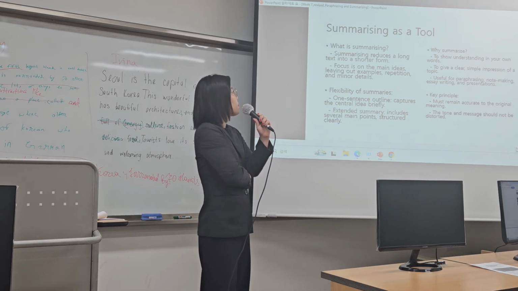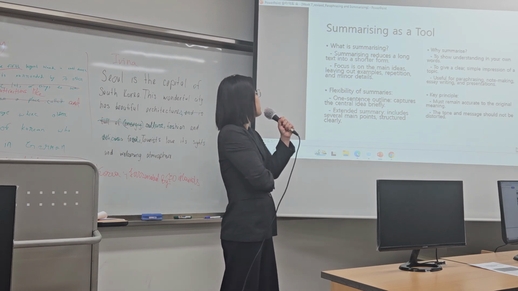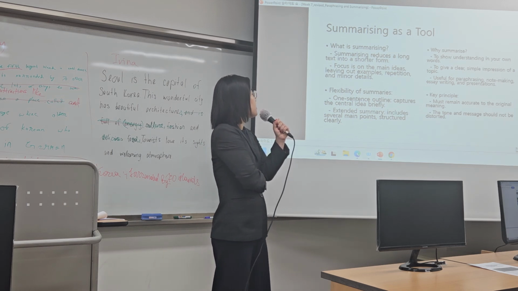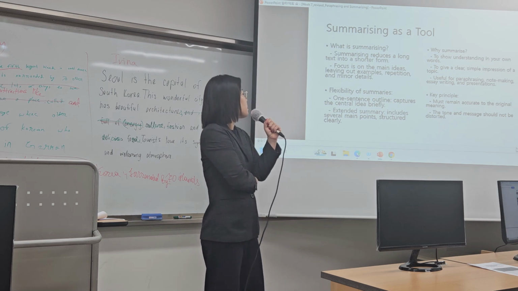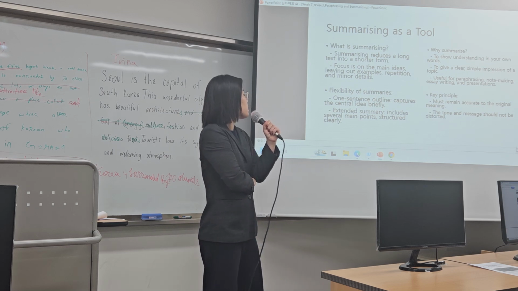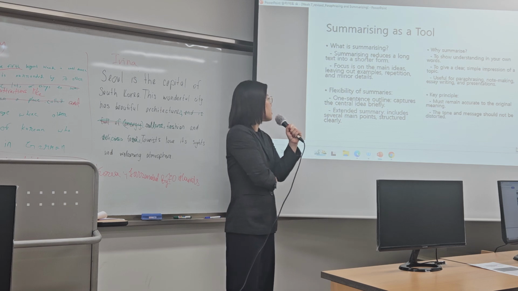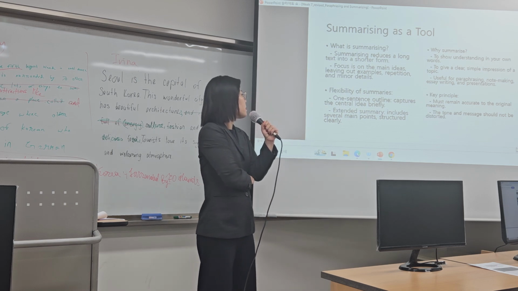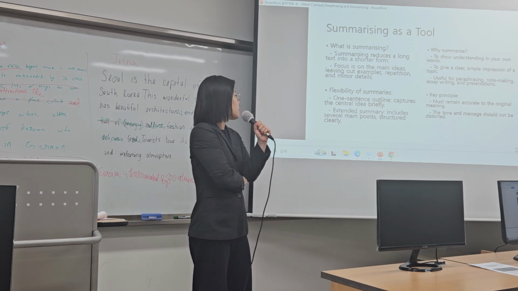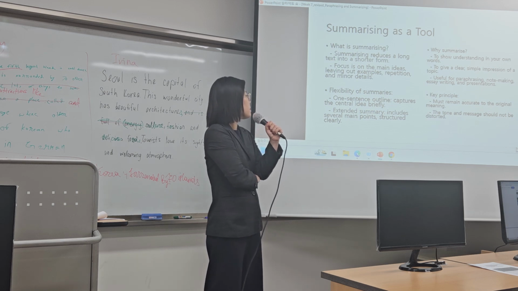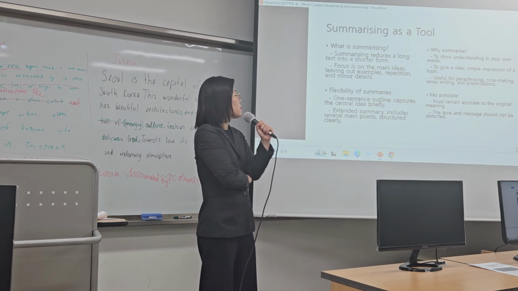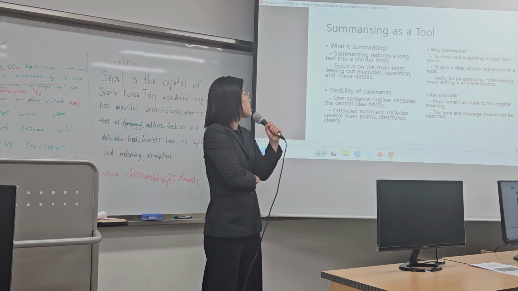What is summarizing? Summarizing reduces a long text into a shorter form. Focuses on the main ideas, leaving out examples, repetition, and minor details. Flexibility of summaries. One sentence outline captures the central idea briefly. Extended summary includes several main points, structured clearly.